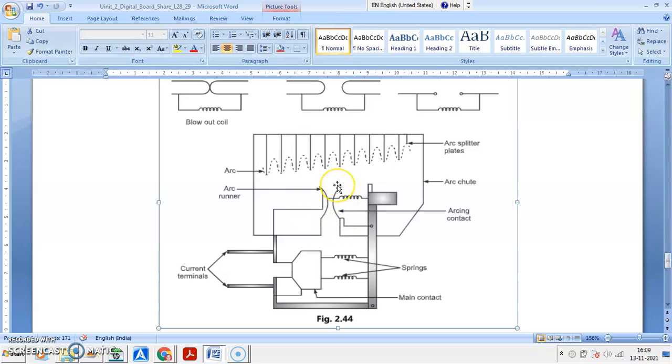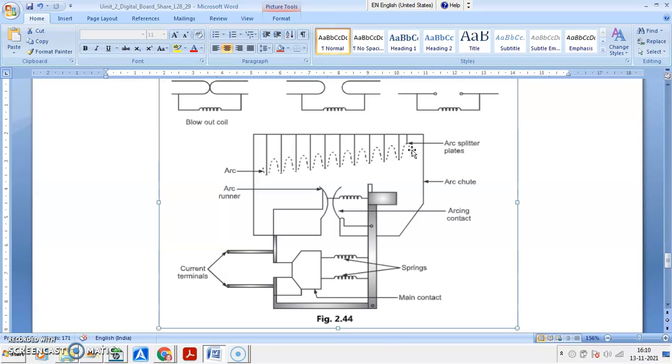Then the arcing contact opens, and the arc gets further extinguished because of the air pressure. The arc gets swept away into the arc runner inside the arc filters. It gets elongated, its resistance increases, and finally it gets extinguished. So this is what we have shown in this particular diagram.